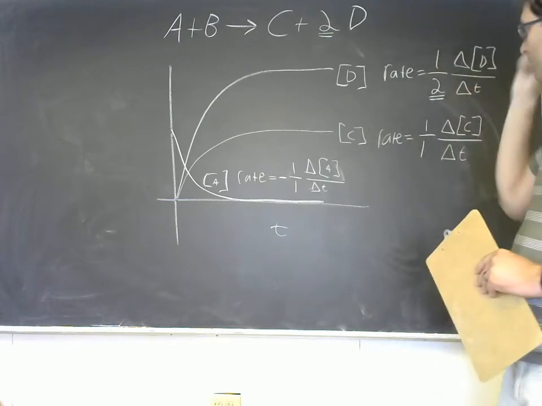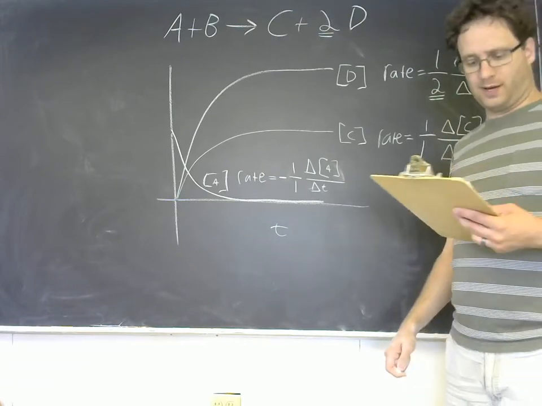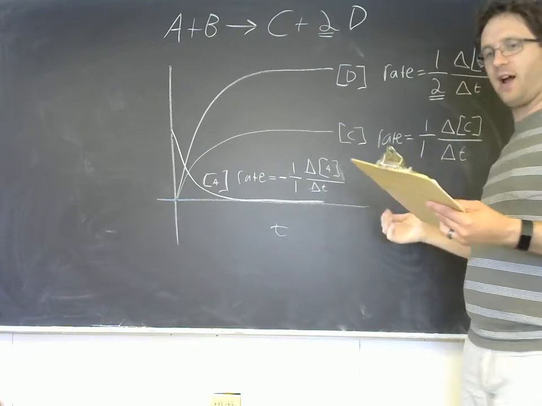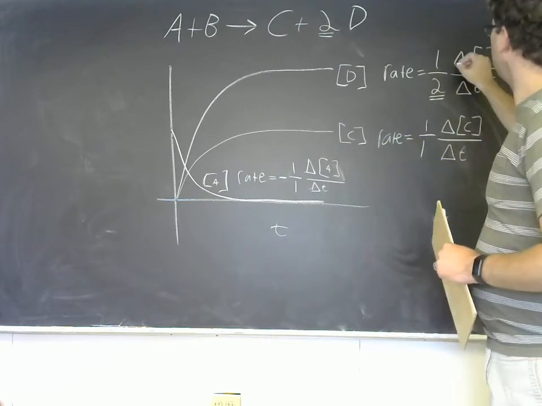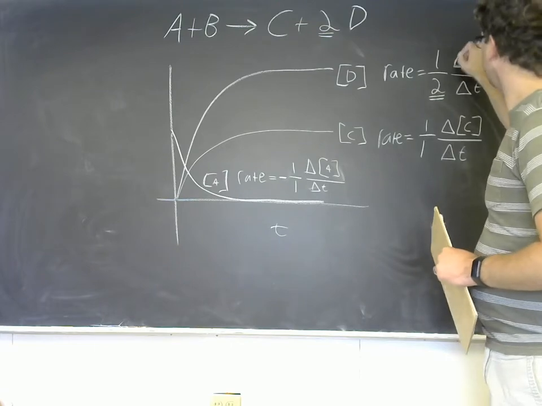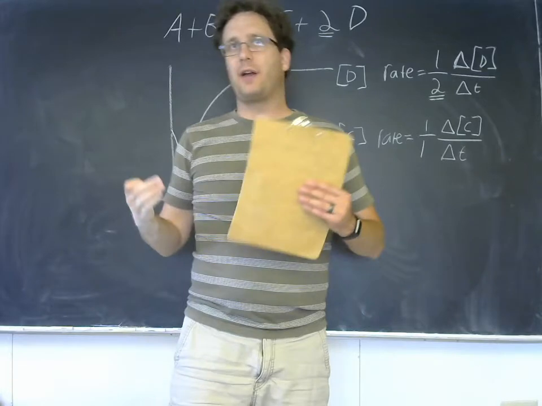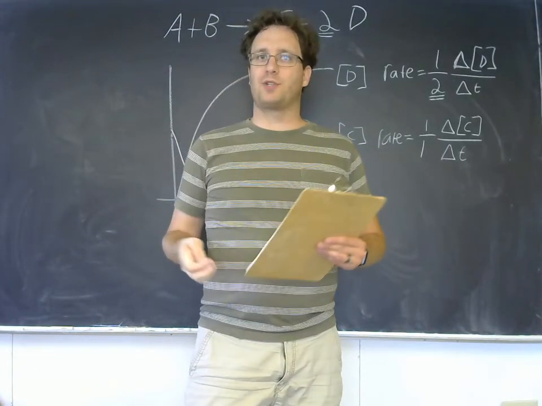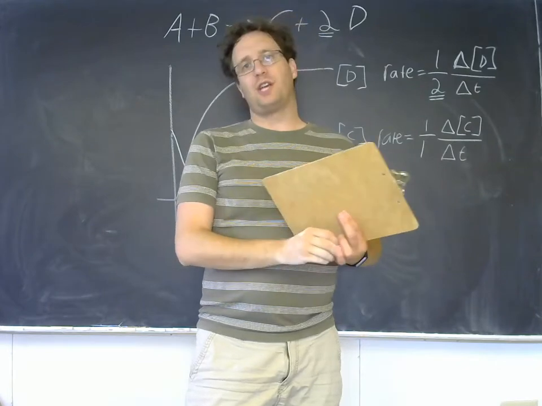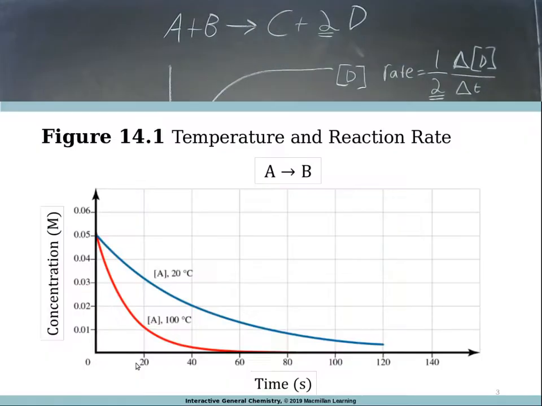Okay, so that is a good way to mathematically define the reaction rate. Now, we've been using these deltas, the capital uppercase Greek letter delta, to represent intervals over which we can measure the change in concentration and the change in time. So let's look at some graphs here.